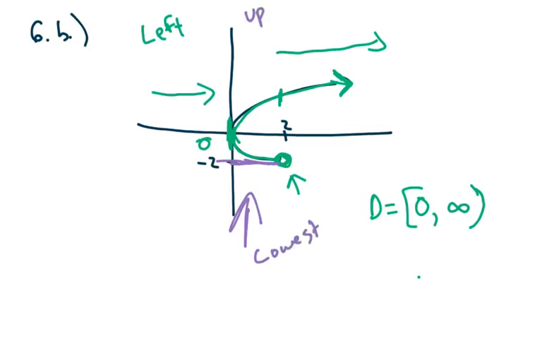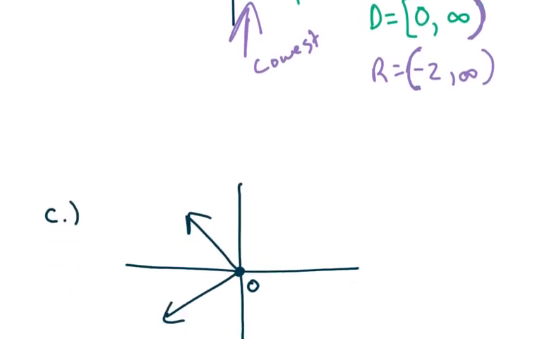The lowest value is going to be -2. Now note, this one is going to be in parentheses, because we don't include -2. And then this arrow, I'm assuming this arrow gradually goes up, so this would also be infinity. Infinity will always be in parentheses, because it keeps going on and on and on. So that one's a little more complicated, but hopefully that makes sense.